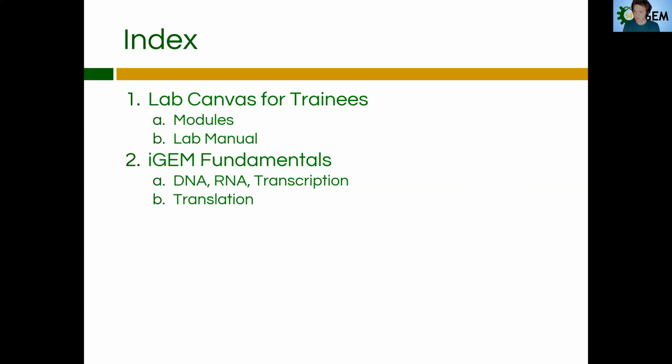Those include what DNA is, what RNA is, what transcription is, and finally what translation is. For those of you that have taken biology already or just some fundamental level science in high school, I assume that this is going to be pretty basic to you. If you want, you can skip through it if you know all this stuff already, but this is just to get everyone up to speed.